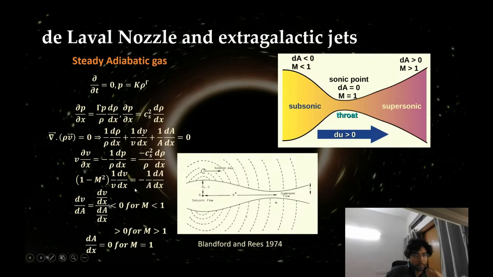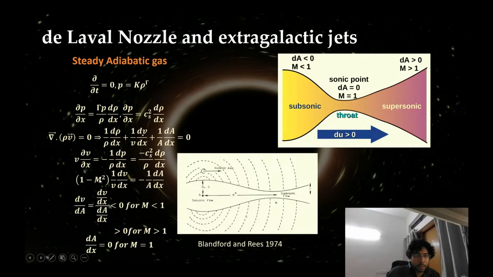One of them has to be negative. So if we calculate dV dA, which is dV dx by dA dx, as both of them are of opposite signs, this has to be less than 0 for M less than 1.